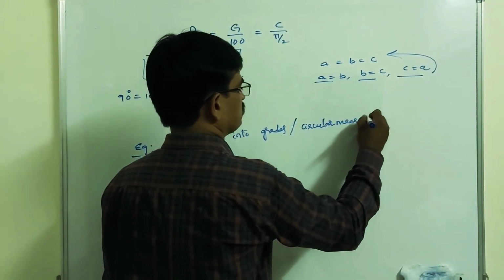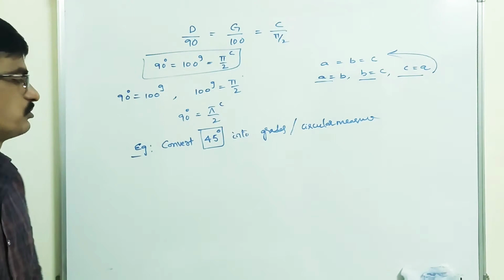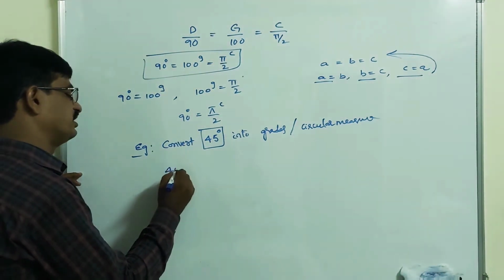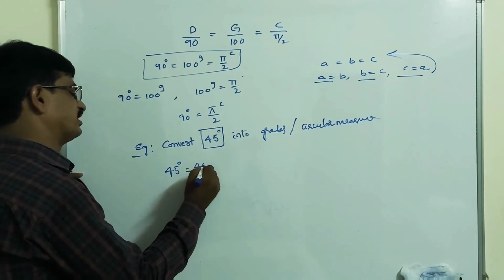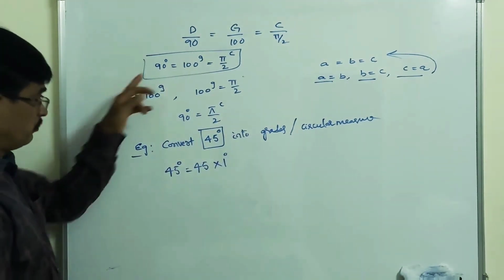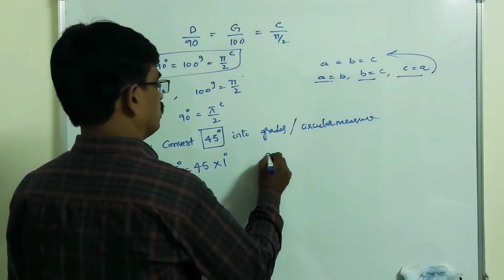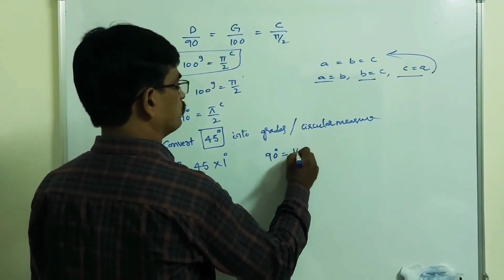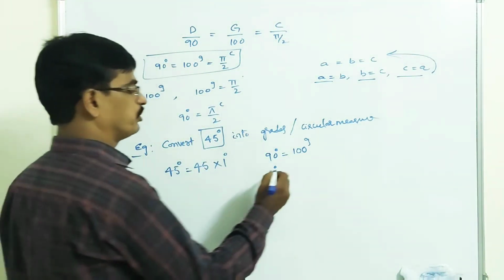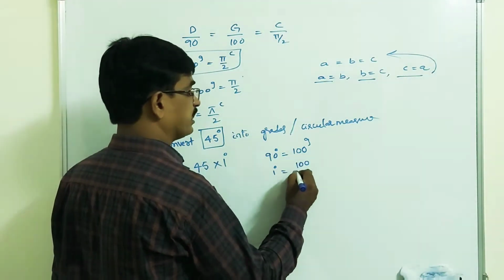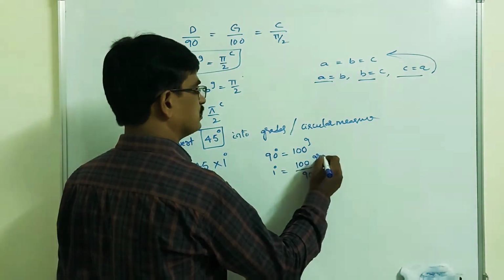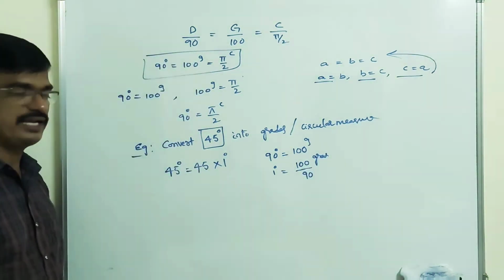If they ask like this, how do you do it? Look here, 45 degrees can be written as 45 into 1 degree, and we know the relation 90 degrees is equal to 100 grades. Then 1 degree is equal to 100 by 90 grades.